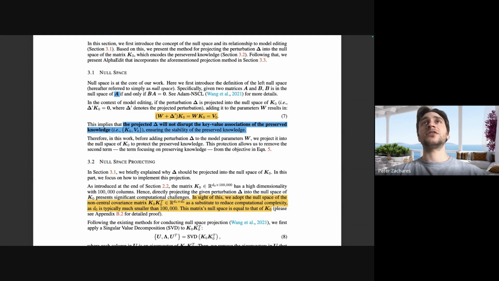That means that the vectors in B are in the null space of A, which means that they all get sent to 0. And depending on how much you know about linear algebra, what that means is that all the vectors in B are eigenvectors of A that have an eigenvalue of 0.